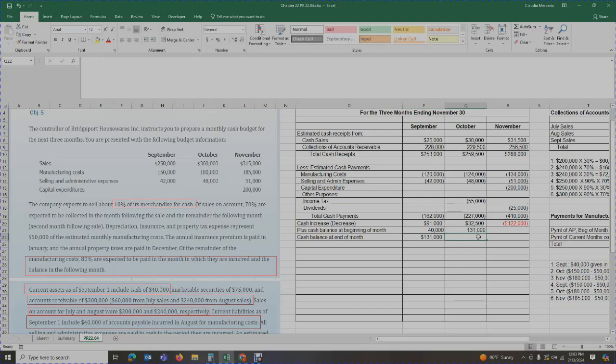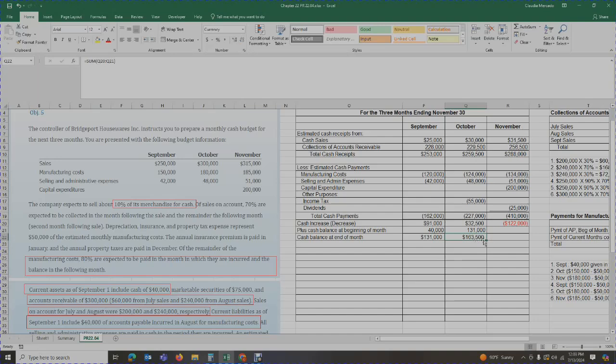Now that you've got that, you add your cash increase and decrease plus your beginning balance, and that'll give you $163,500. That is how much cash you have at the end of October. Okay, that is your cash increase or decrease for that specific month plus your prior month's ending balance.